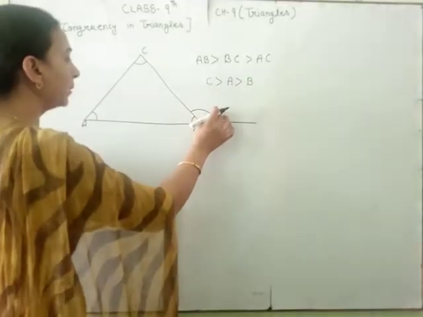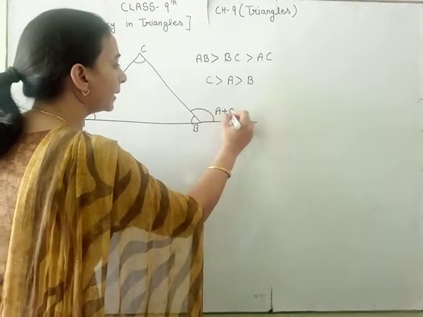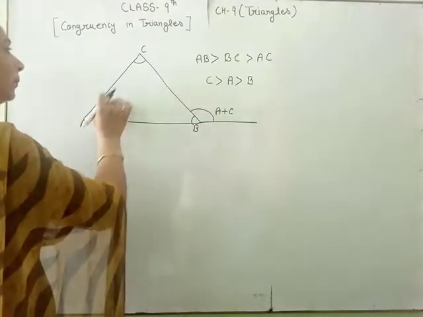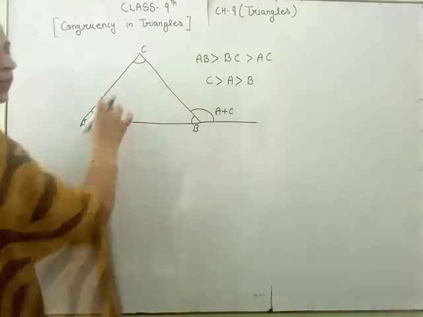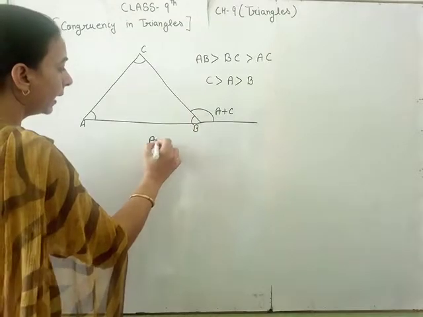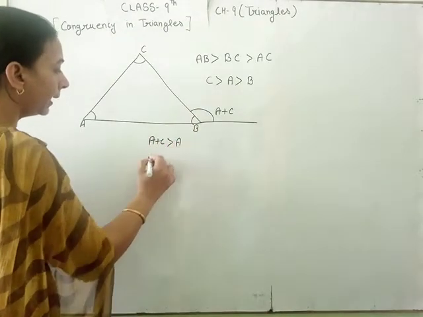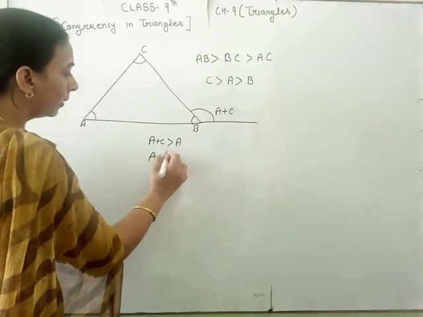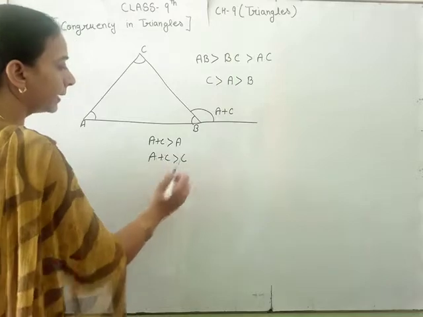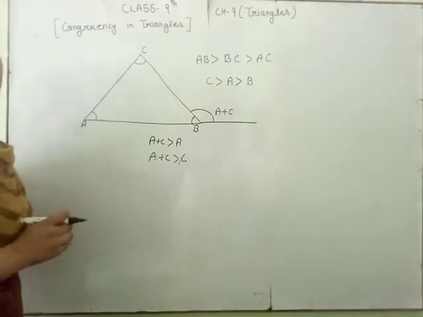That means this is equal to the sum of A plus C. Okay, students, this exterior angle is equal to the sum of the two interior opposite angles A plus C, and the exterior angle is always greater than A, and A plus C is also greater than C. The exterior angle is greater than each of the two interior opposite angles.